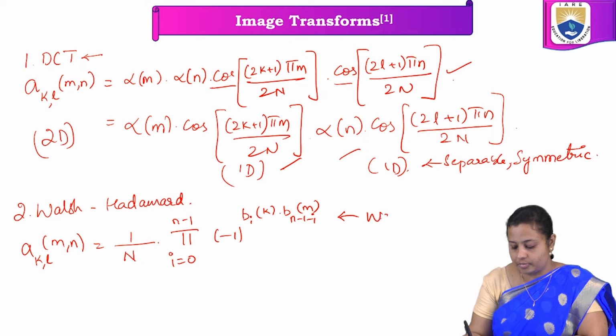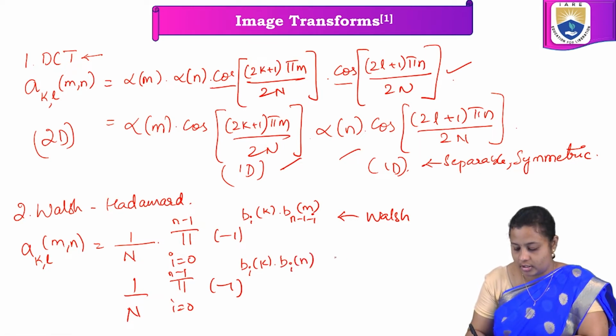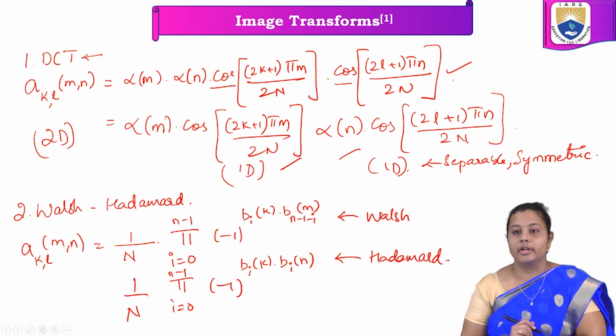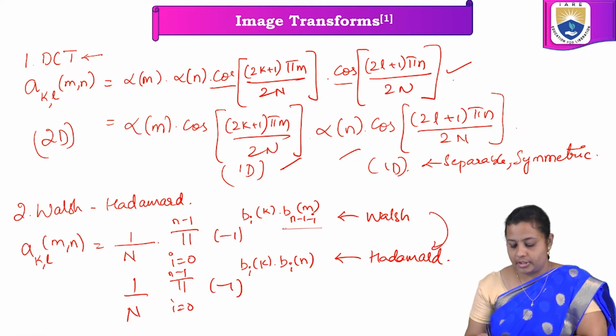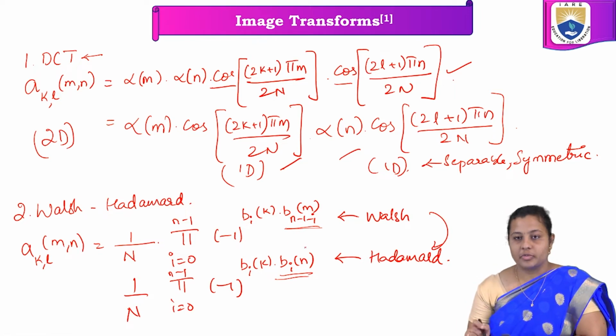This is for Walsh, and similarly the product over i equal to 0 to n minus 1 of (minus 1) power b_i(x) into b_i(m). This is for Hadamard. The only difference between Walsh and Hadamard is the bit that we are referring to here. If we observe more clearly, it is separable as well as symmetric, as we have seen for DCT.